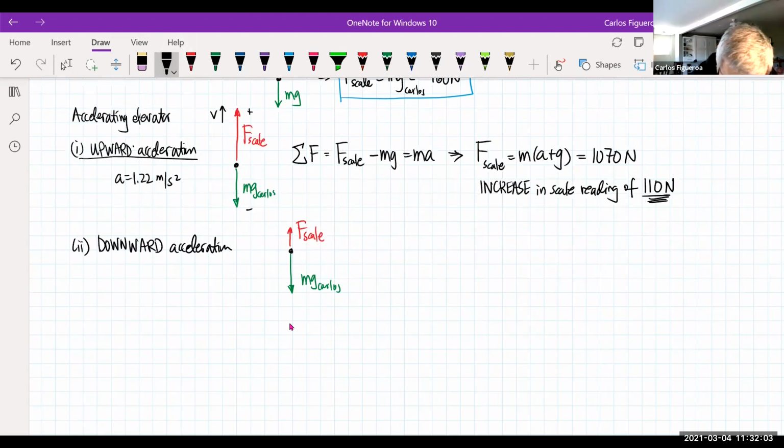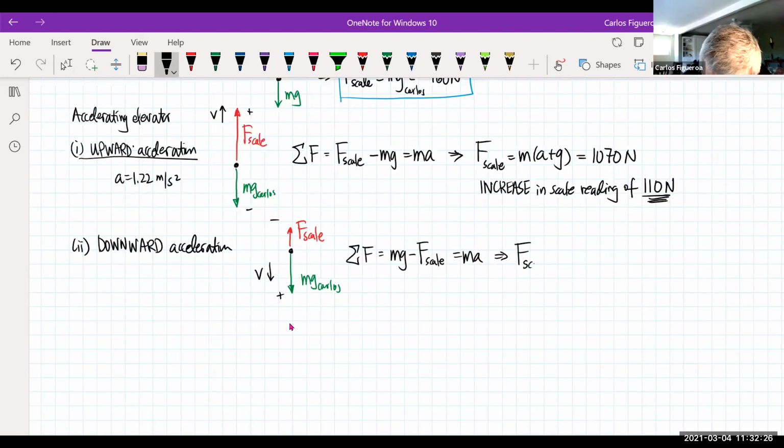In this scenario, we're picking it this way because we're speeding up in this direction. So if I do the same type of analysis as before, we're going to see that this time gravity is positive, but the force of the scale is now in the negative direction, which tells us, as before, that the scale reading now changes.